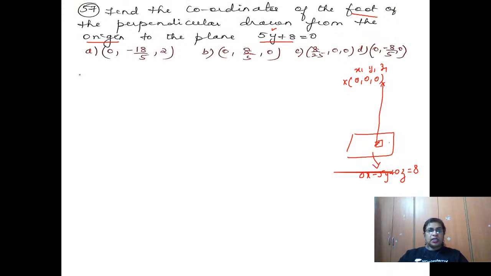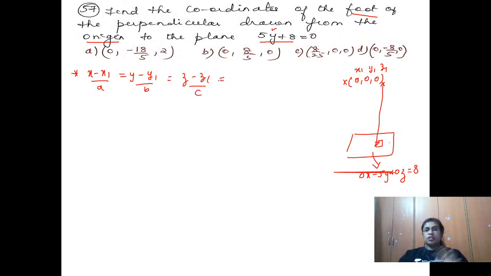The shortcut is x minus x1 by a. We know the standard form equation of a line in the 3D chapter, so we write that: x minus x1 by a is equal to y minus y1 by b is equal to z minus z1 by c.